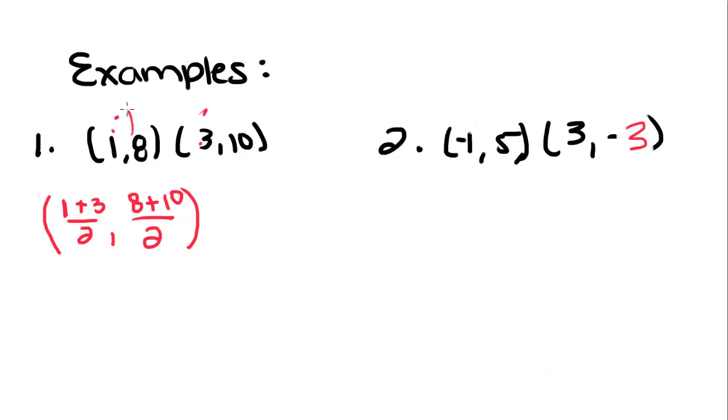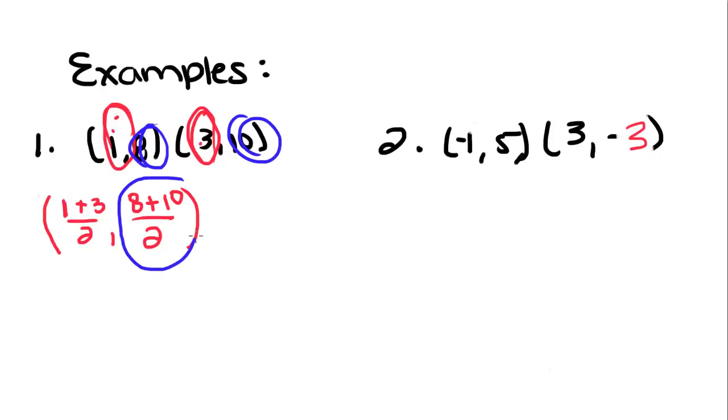So we add the x coordinates and the y coordinates to get the x coordinate and the y coordinate. So 1 plus 3 is 4, divided by 2 is 2. 8 plus 10 is 18, divided by 2 is 9. So that is what our midpoint equals.